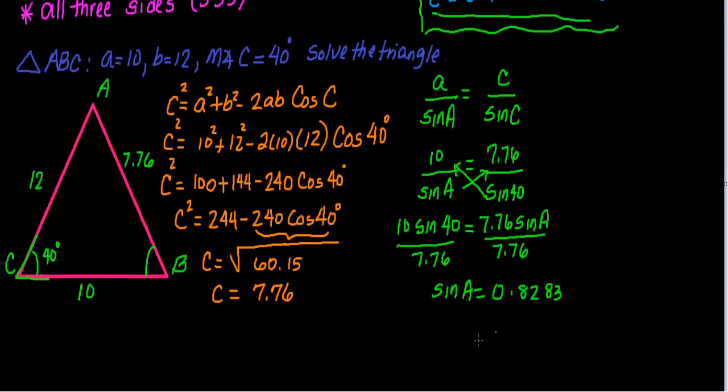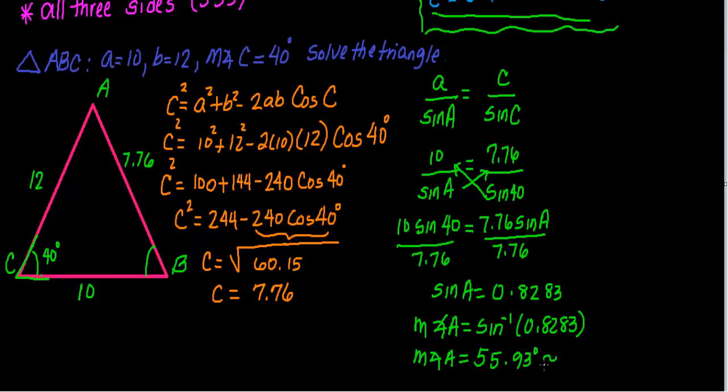So that means that the measure of angle A is equal to the sine inverse of 0.8283. The measure of angle A is equal to 55.93 degrees. And I can say that's approximately equal to 56 degrees. Okay? That's the measure of angle A. Let's write it here. Approximately 56 degrees.